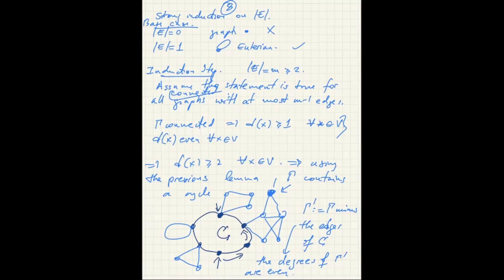Now at this vertex, we have this light blue component of gamma prime, and we know from the induction hypothesis that it is actually an Eulerian graph. So because of that, we go here and we traverse each edge exactly once, and we return to where we started.